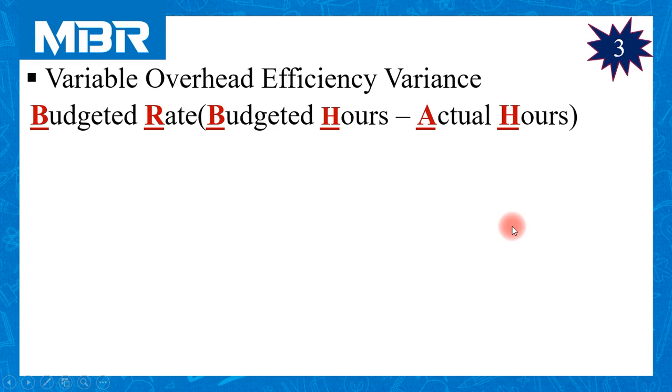Simply we need to modify the formula as per the requirement. What was the formula of sales quantity variance? Budgeted price into bracket budgeted quantity minus actual quantity. Simply replace the quantity with hours and price with the rate, and you will find the formula. So it's very easy for you to remember the formula with some techniques.